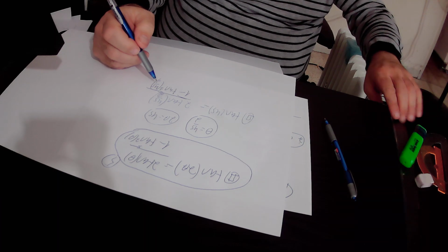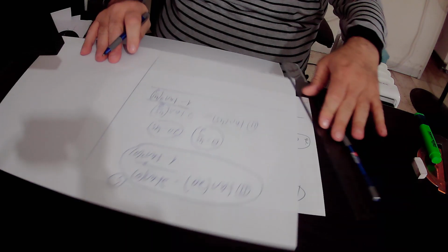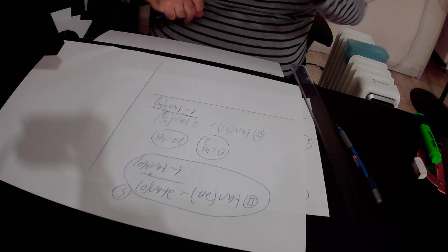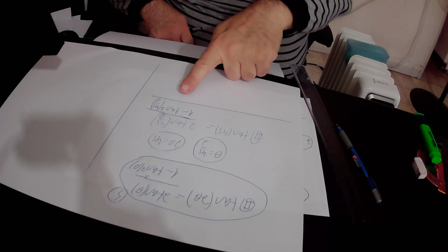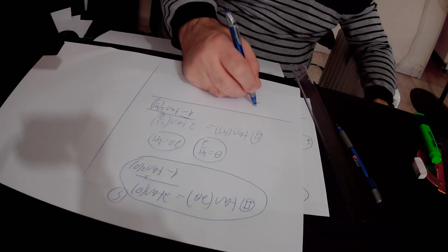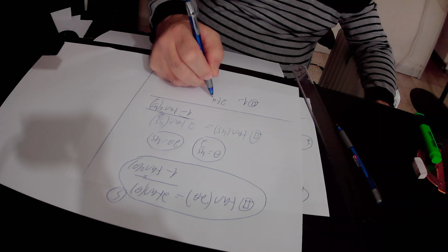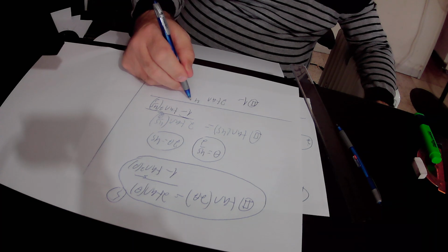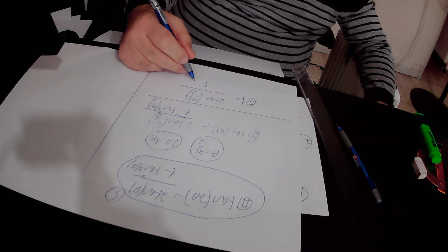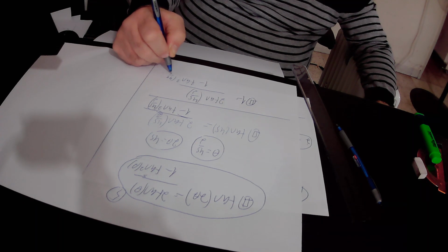So in conclusion, according to equation number 2, tangent 45 degrees equals 2 times tangent 45 over 2 degrees over 1 minus tangent squared 45 over 2 degrees. Tangent 45 degrees is 1, so 1 equals 2 times tangent 45 over 2 degrees over 1 minus tangent squared 45 over 2 degrees.